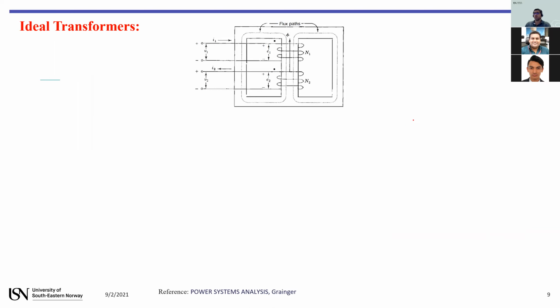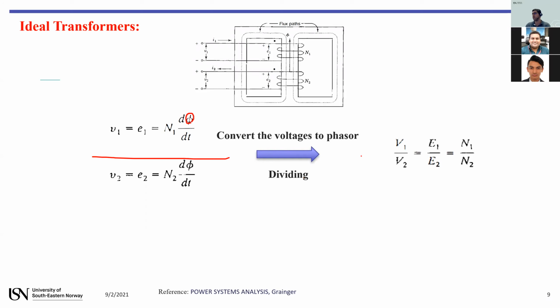Okay, so according to the previous expression, we know that phi is a sinusoidal function. So we can convert any sinusoidal function to phasor form. And if we divide this expression over this expression, we will have V1 over V2 is E1 over E2, which is proportional to N1 over N2.